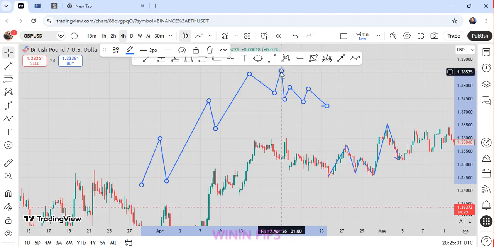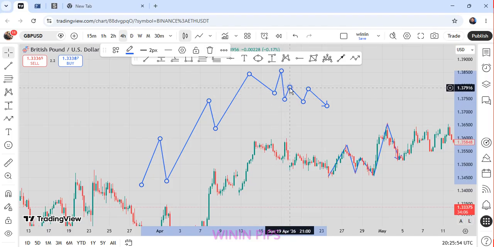Then this time around, there was a market shift. It changes its direction. As it was going up, it comes down a bit, goes up again, comes down a bit, goes up again. This time around, it came down and bypassed the initial low.